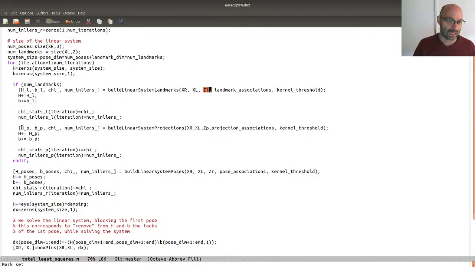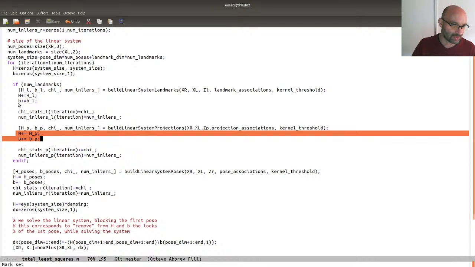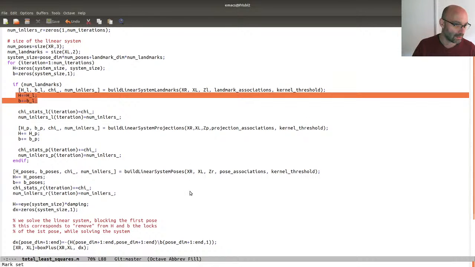This will construct the contribution for the projections, and this will construct the contribution for the poses. Observe that all these contributions are additive. Okay? They are additive, and the mechanism works because all these linear systems agreed on the structure of the matrix H. So they know what each block means. Okay?